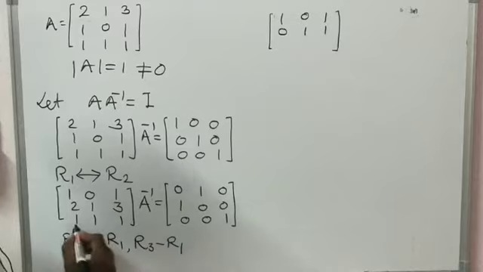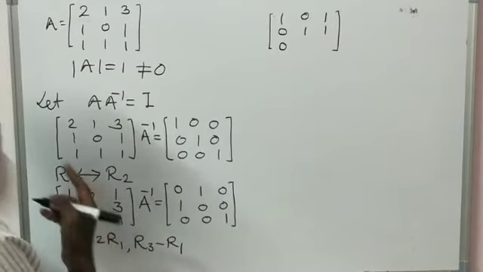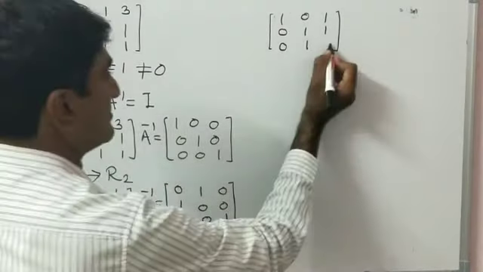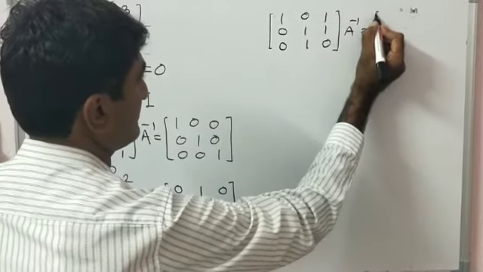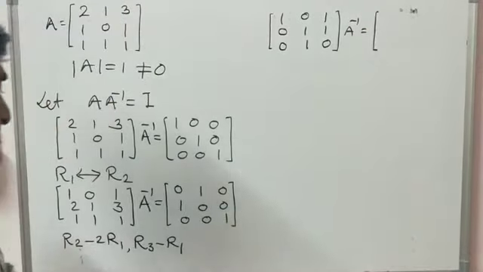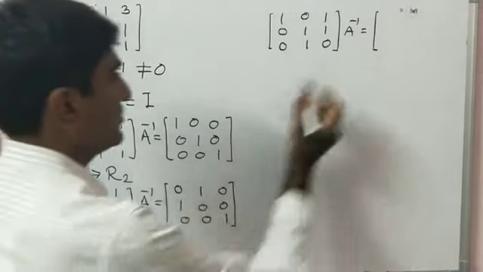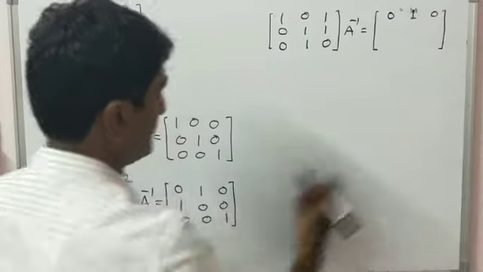R3 minus R1: 1 minus 1 is 0, 1 minus 0 is 1, 1 minus 1 is 0. On the other side for A inverse, R1 as it is: 0 1 0.